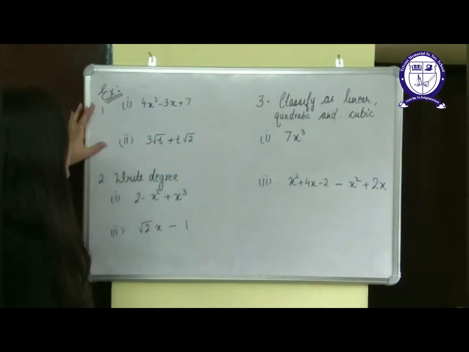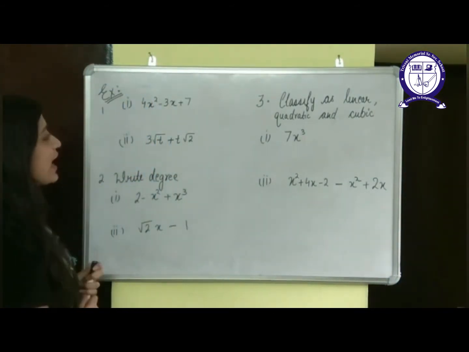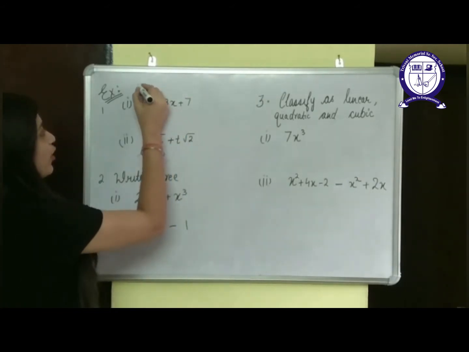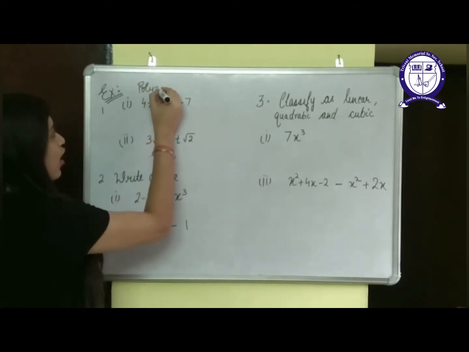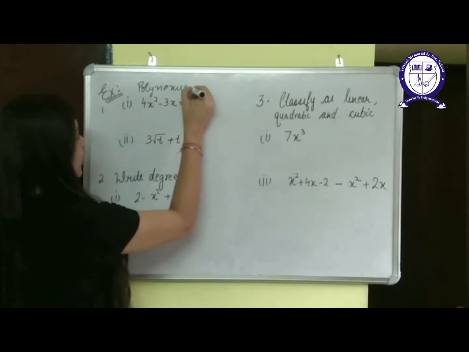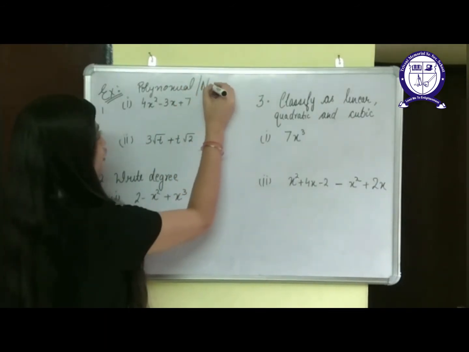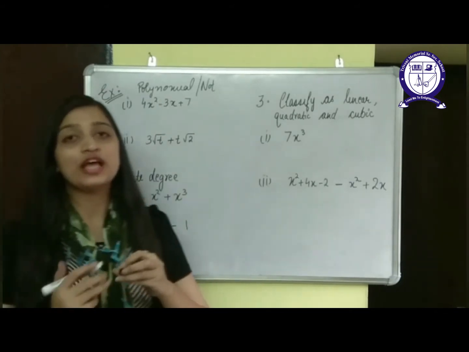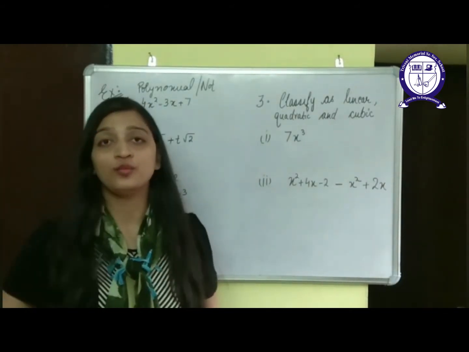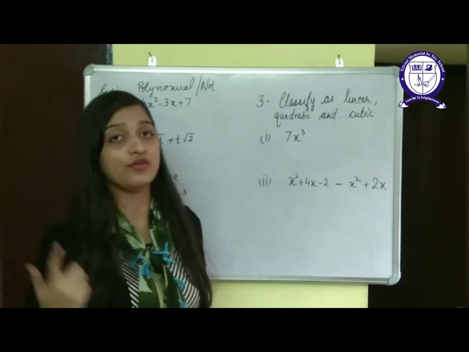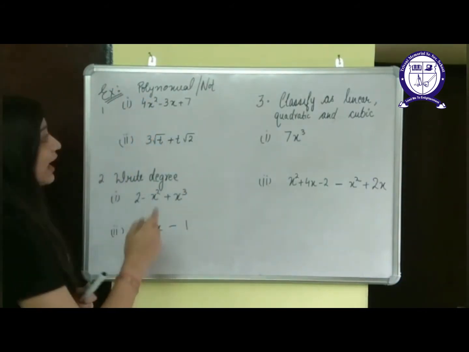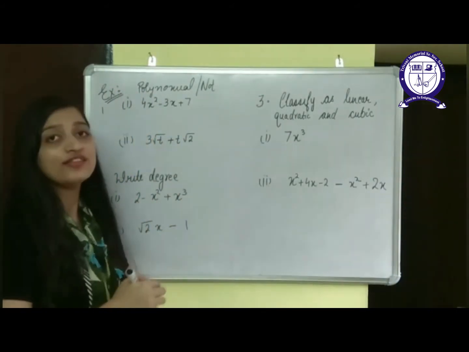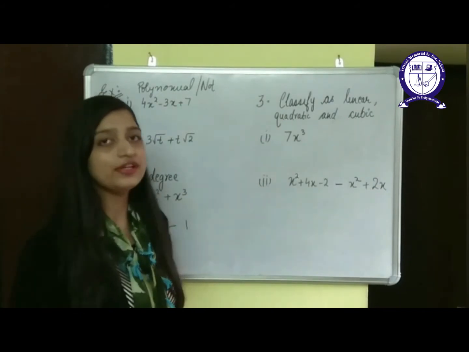This is my example number 1. The question says tell us whether it's a polynomial or not. I have told you that it's not a polynomial when the power is negative or the power is in fraction. In these types of questions they always say justify or give reason.